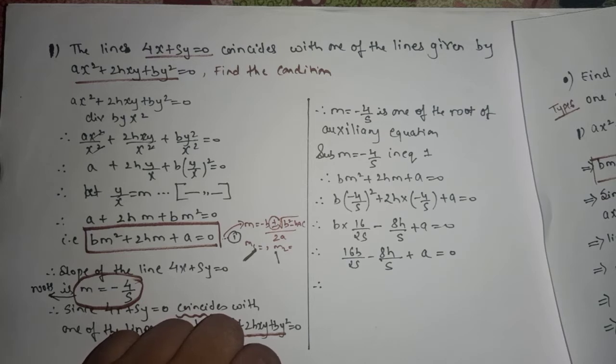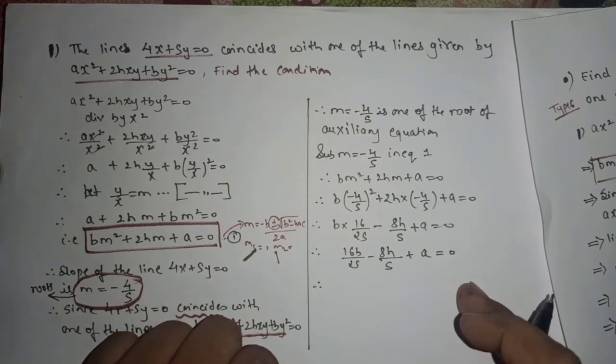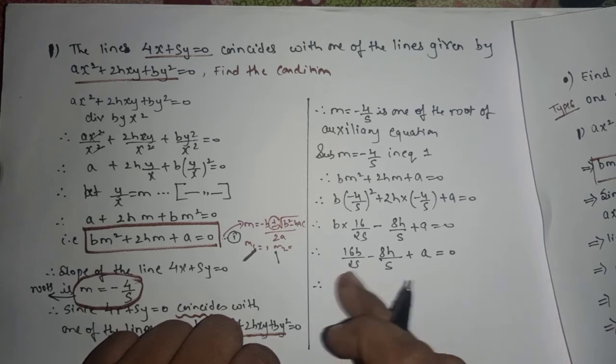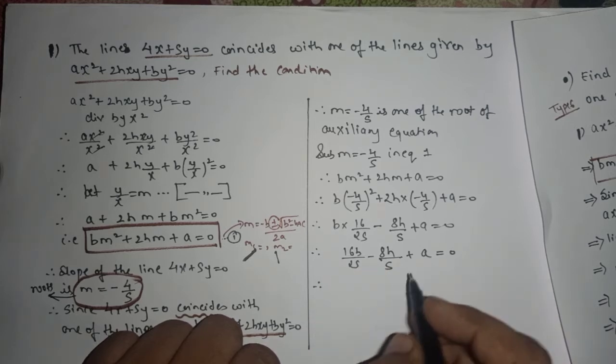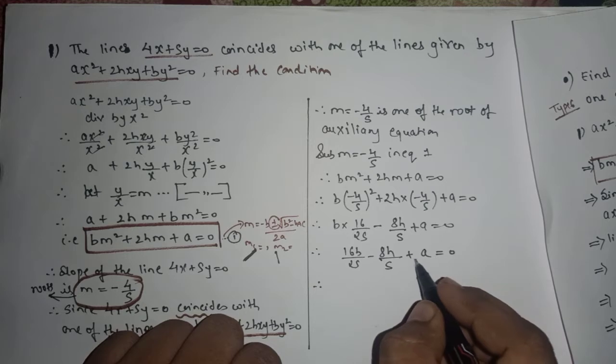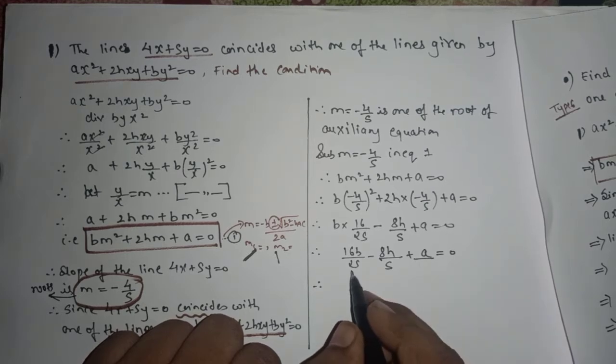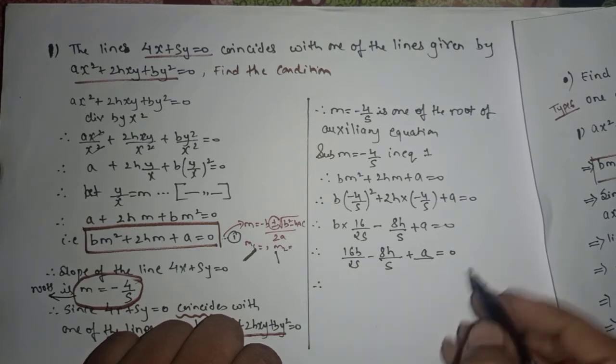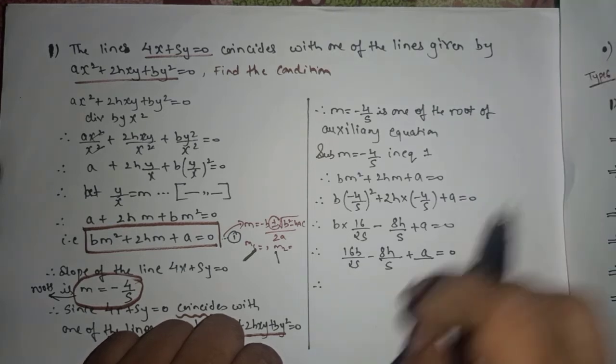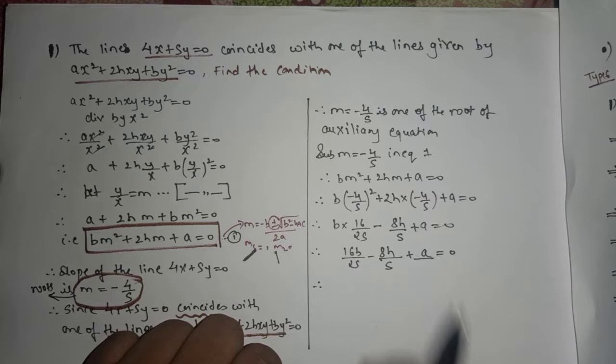So now here we'll make the equation linear. That means we'll remove the denominator. Listen to what I will do. As here we have 25, there are two or three ways in which you can make the equation linear.